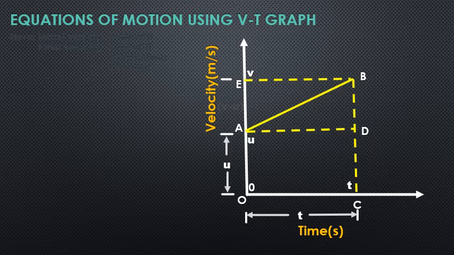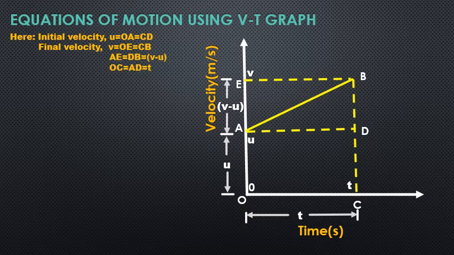Now we are going to derive the equations, but first we must keep in mind that here u is initial velocity, v is the final velocity, and the different lengths or distances shown in the graph, AE and DB, as you can see from the graph, are equal to each other and they are equal to v minus u.